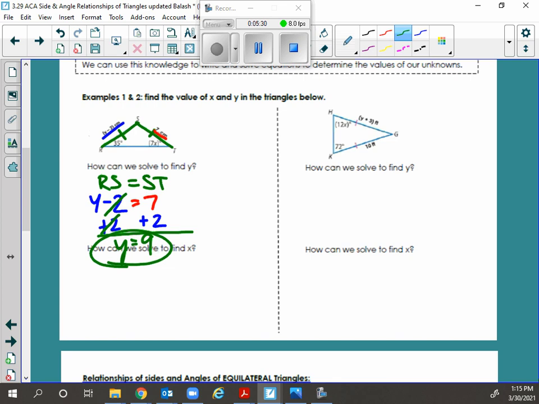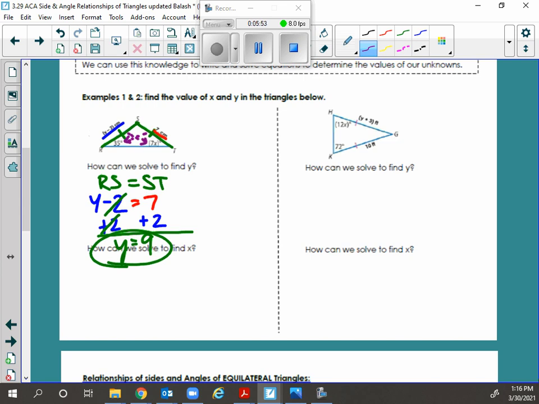How could we solve to find x? Well, I'd have to take a look at some properties here. I know that the opposite angle goes with the side. So this goes here, and this one will go across to the other.